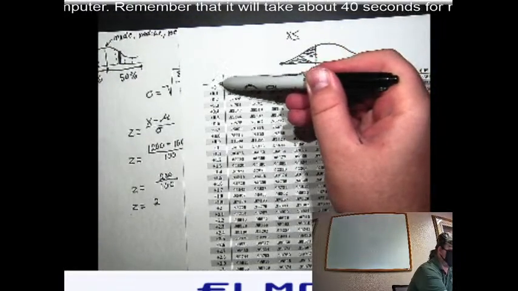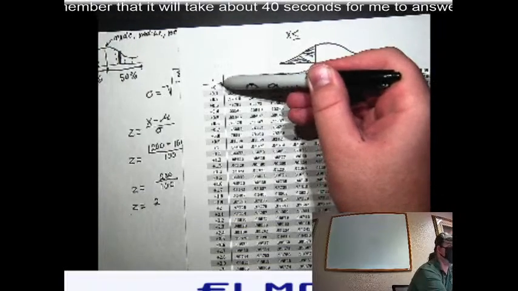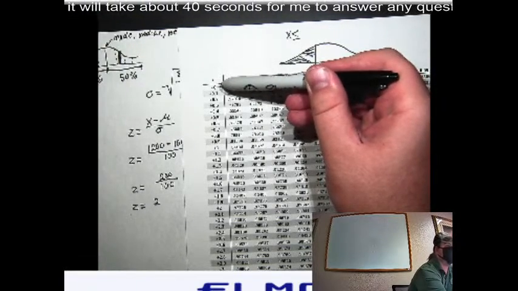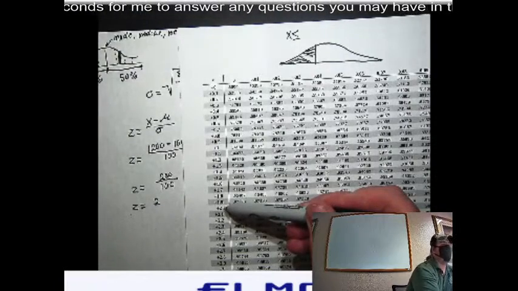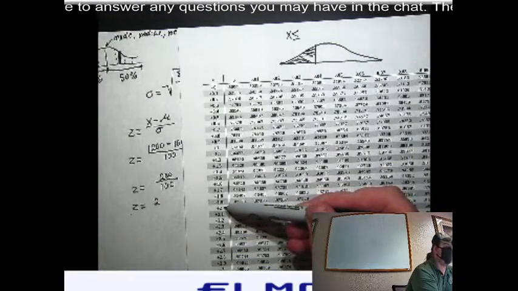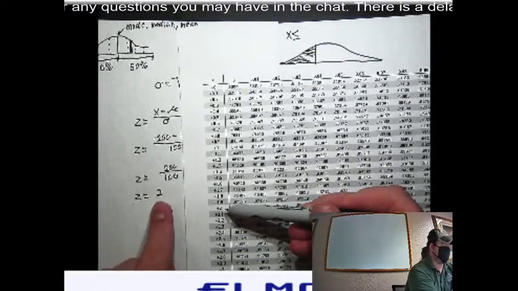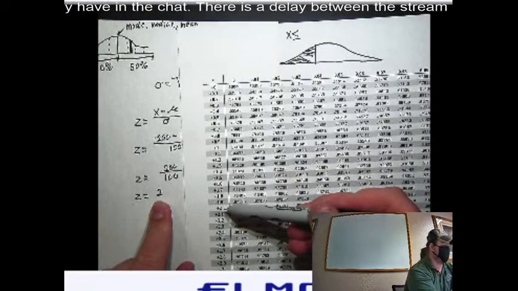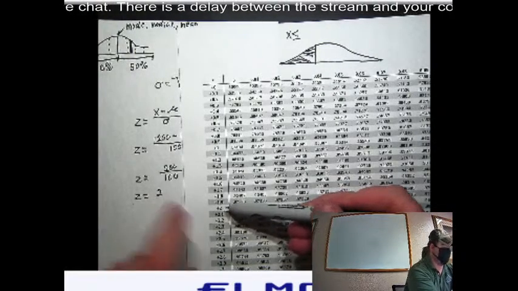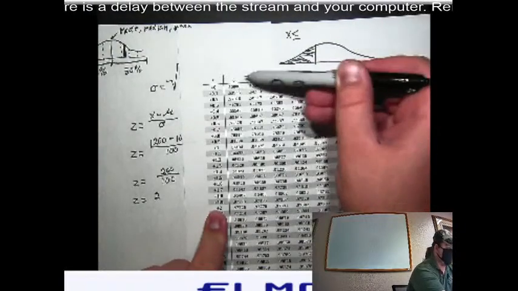You look at the first two digits. So in our case, that is 2. We look for 2. There it is. Okay, so it's 2 point what? What is this number? 2.0. There's nothing after it, right? So it's 2.0. So we need to find 0.0.